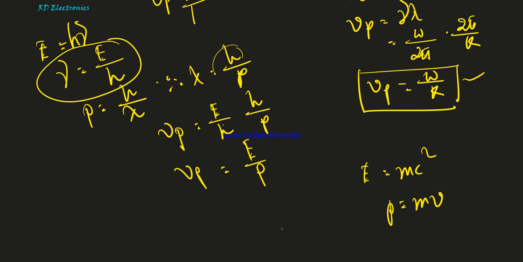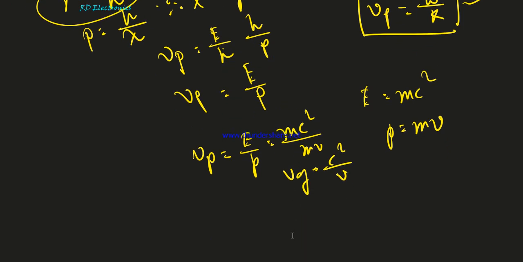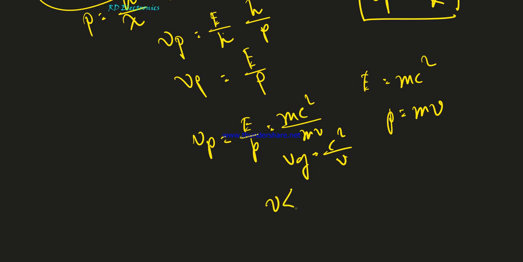So now the phase velocity equals E by p, energy by momentum, that is mc² by mv, that is c² by v. So this is a special case for the non-relativistic particle. Since v is less than c, the phase velocity of the associated wave is always greater than c, the velocity of light in a vacuum. Okay, this is very important.